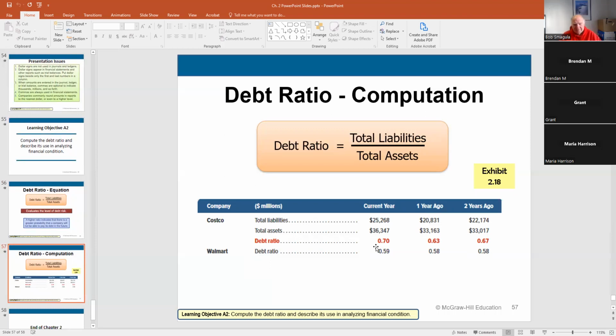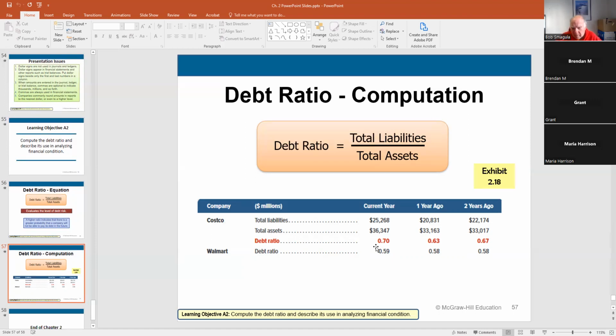It means, I want to say that as simply as possible, they have 70 cents of debt for every dollar of assets. So that constricts the spending to those numbers.